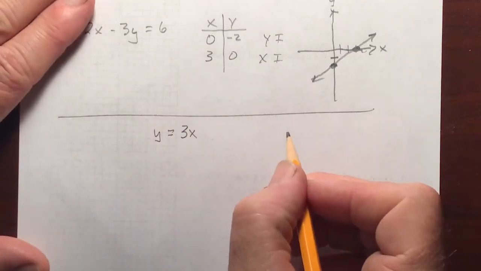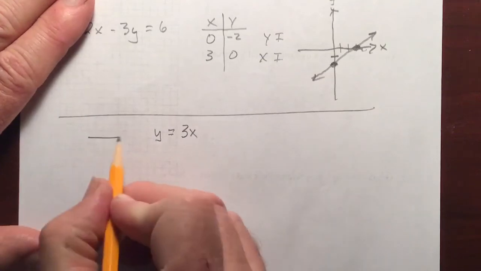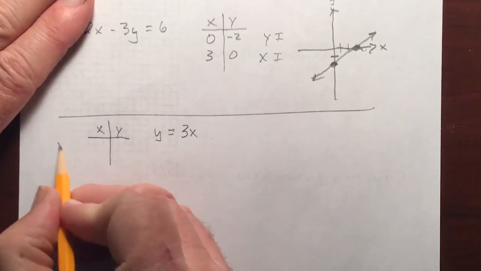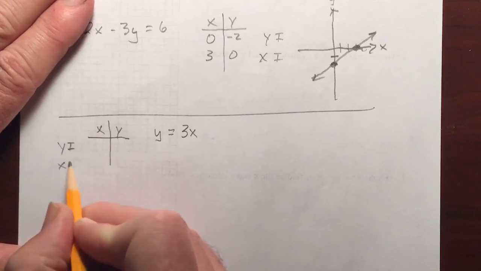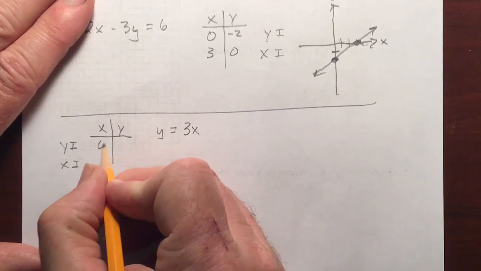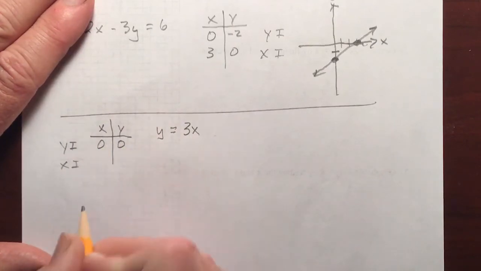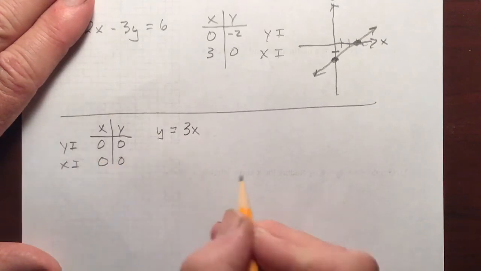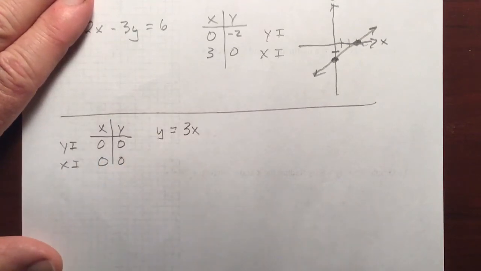Okay, and you go with that whole idea of, well, I'll just plug zeros in for the y and the x. Here's your y-intercept, and here's your x-intercept. Okay, and you put 0 in for x, you're going to get out 0 for y. Then you put 0 in for y, and you're going to get 0 out for x. Okay, well, that only gives you one point, the origin.